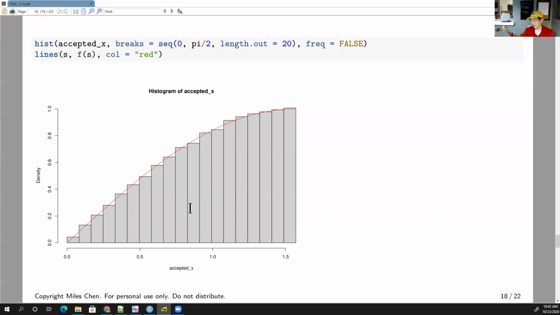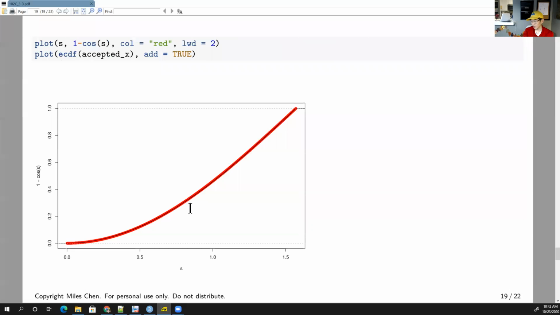And so when we look at the histogram of the accepted values, it fits what we want. This looks like the sine of x here. And if we look at the empirical CDF versus the theoretical CDF, which is 1 minus cosine of x, that also fits.